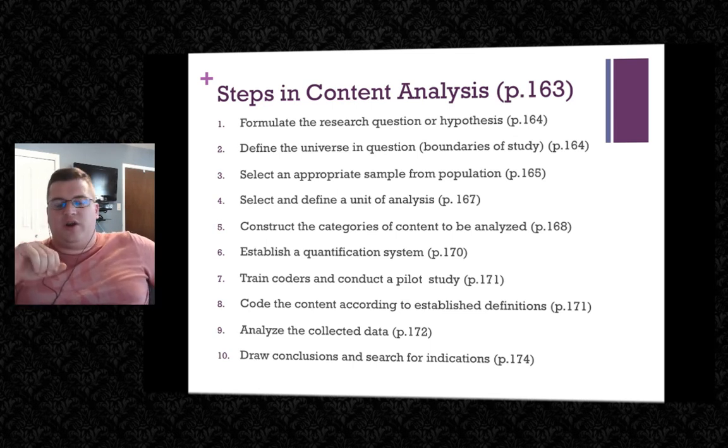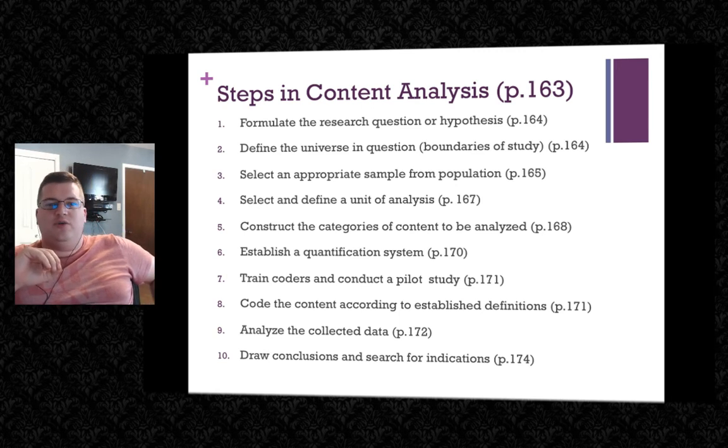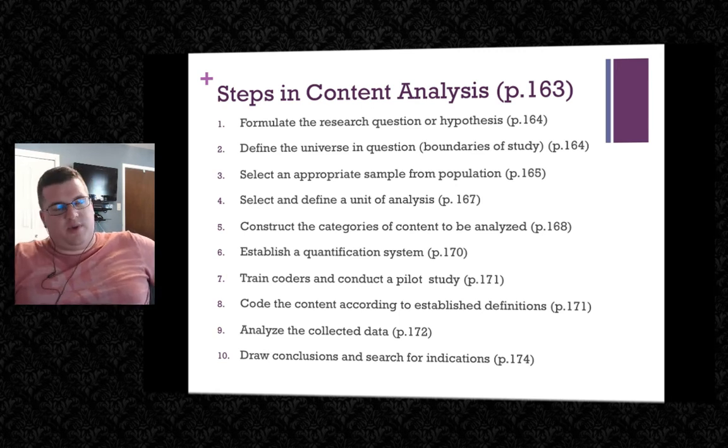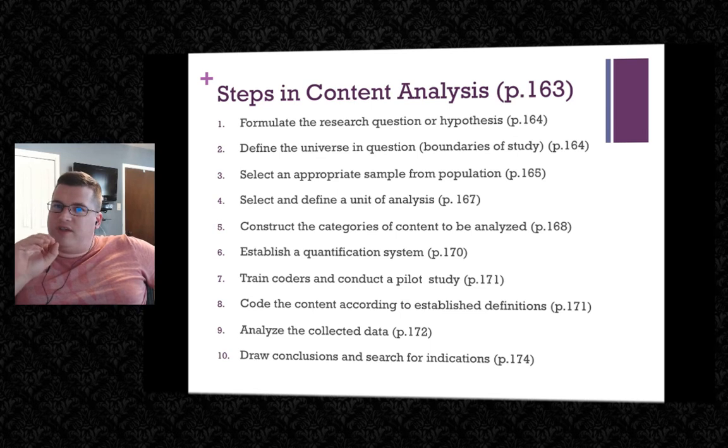Finally, select and define the units of analysis. This goes back to what we were talking about before. What are the things you are specifically looking for, and what are the things you're measuring? Okay, so these are the same thing. This is the unit of analysis. So if it is Asian American representations, then we are looking at specific occurrences of Asian Americans within those shows.